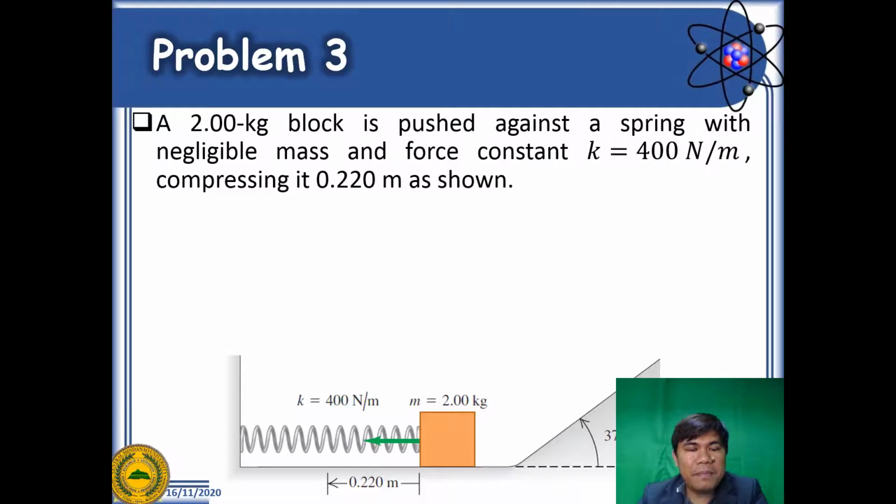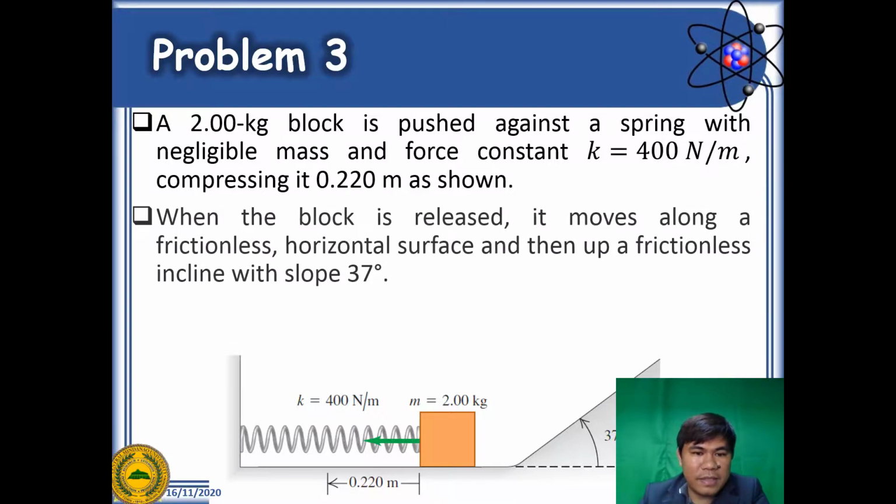So for problem 3, we have a 2 kilogram block pushed against a spring with negligible mass and force constant k equal to 400 newtons per meter, compressing it to 0.220 meters as shown below.